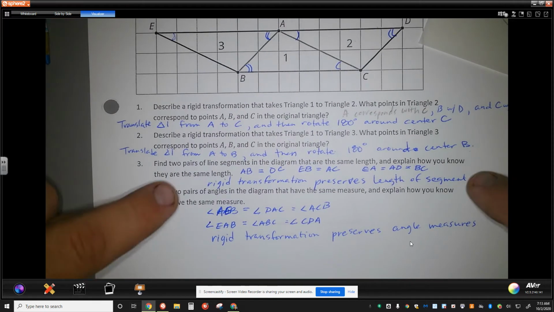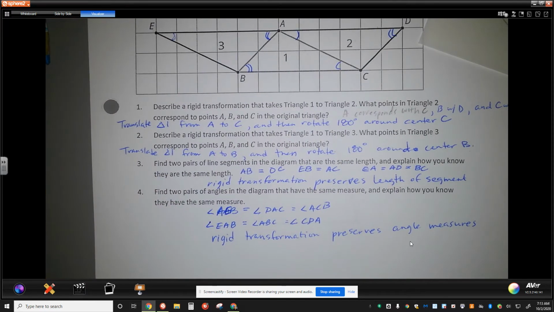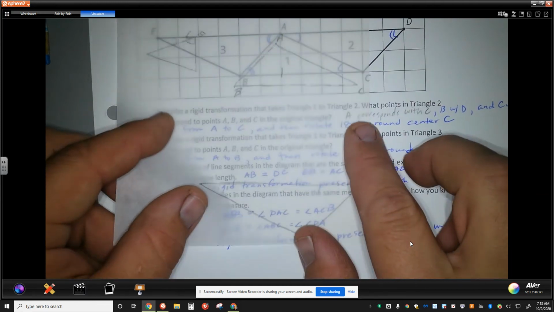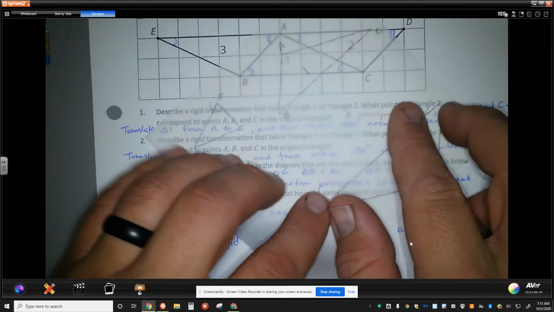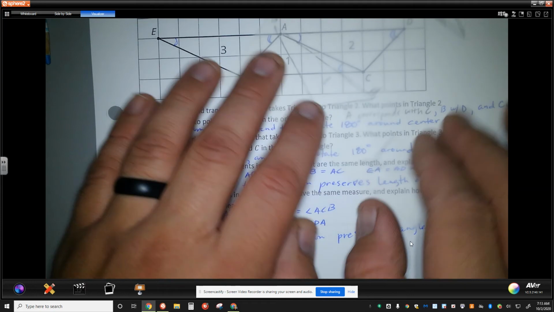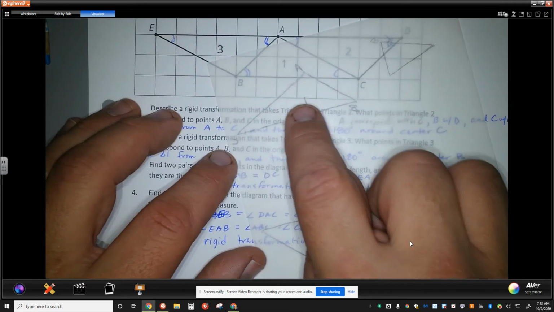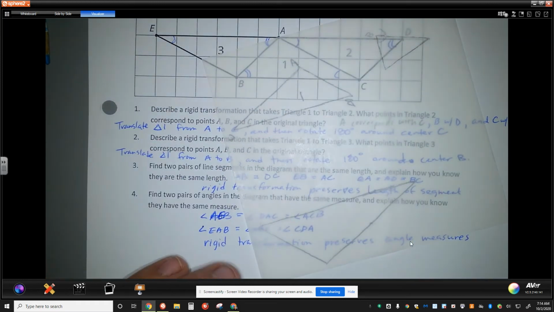This is the big idea right here with this entire lesson and with all of the other lessons that we've had to date, is that rigid transformation keeps the same measurements. It keeps the image exactly the same as the original. We can see that right here on this piece of patty paper, that this is my original and I made a copy of that, and then no matter how I manipulate it, whether I rotate or I translate or I reflect, that figure is still maintaining the exact same things.